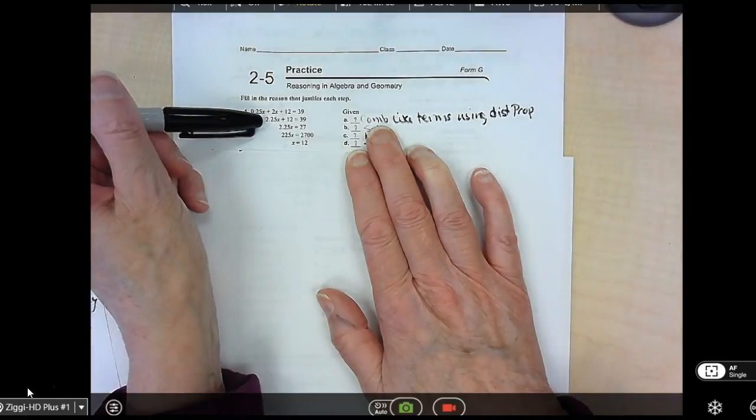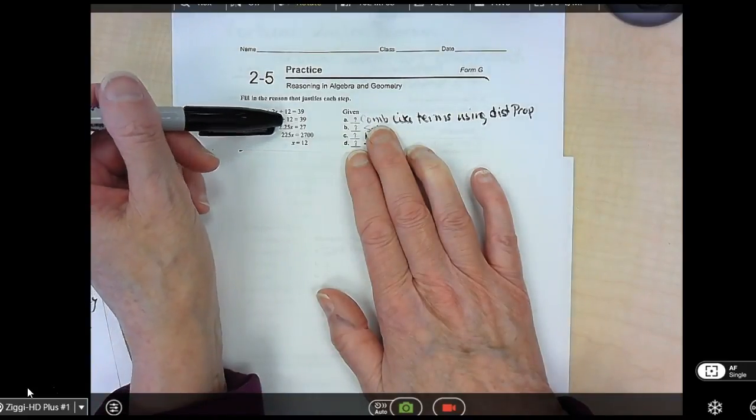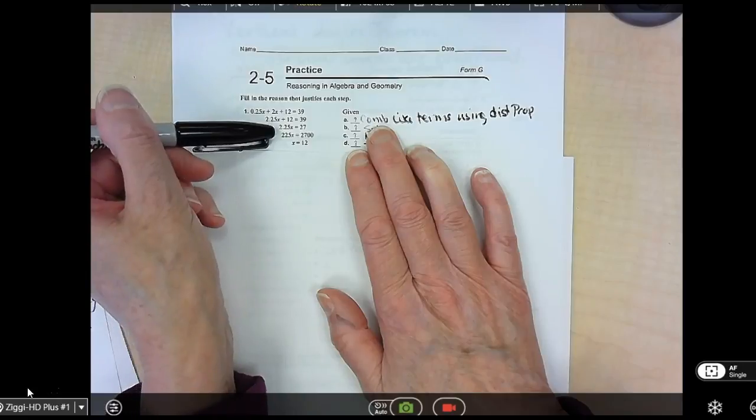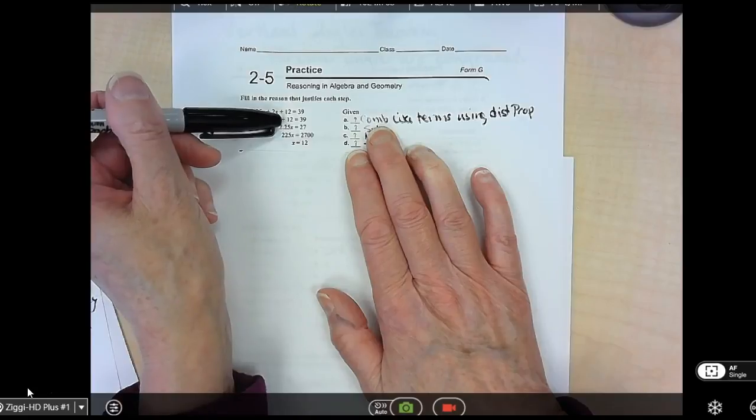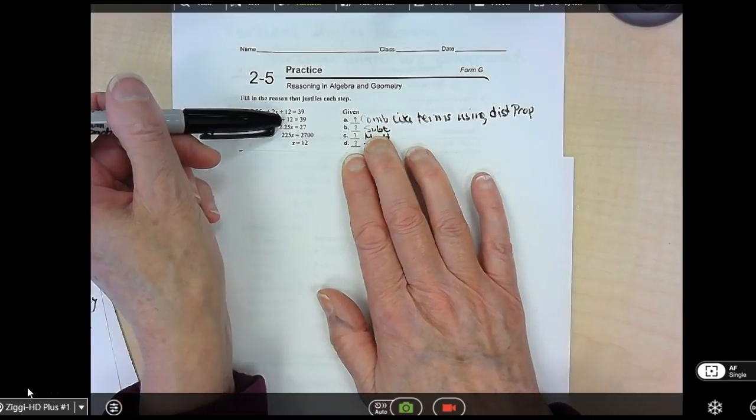To go from 2.25x plus 12 equals 39 to just 2.25x equals 27, they got rid of the 12 by subtraction property of equality.